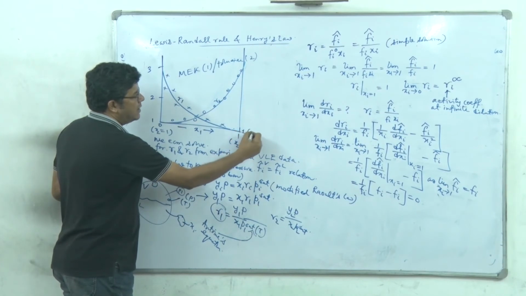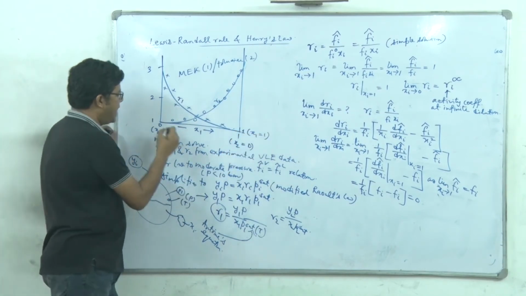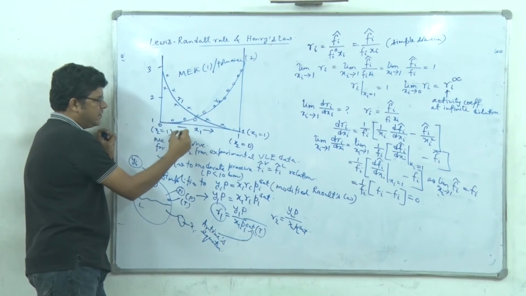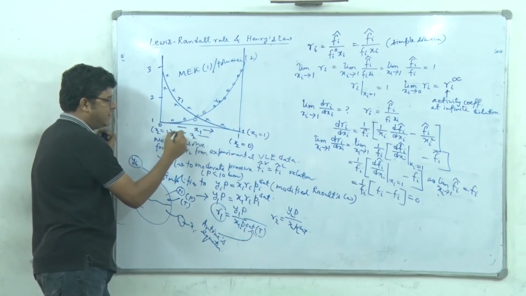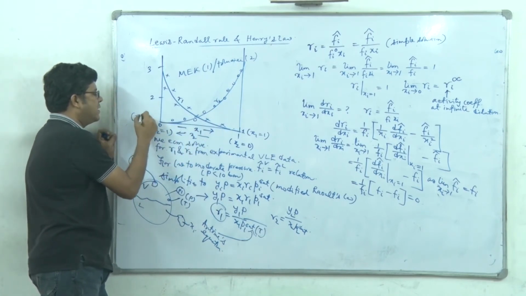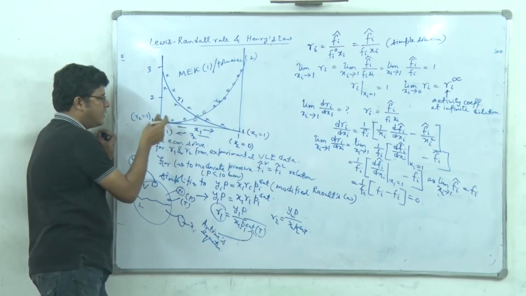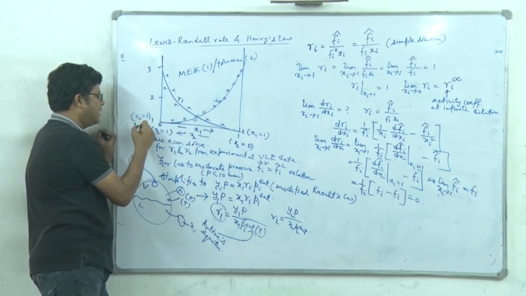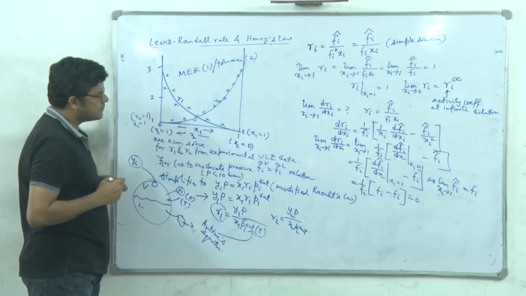So we are generating these values, and we know that gamma 1 will be tending to 1 when x1 is equal to 1, and here in this direction we can think of the gamma 2 axis. So here gamma 2 is equal to 1, this is a plot of gamma 2, it converges to the value of 1 when x2 tends to 1.